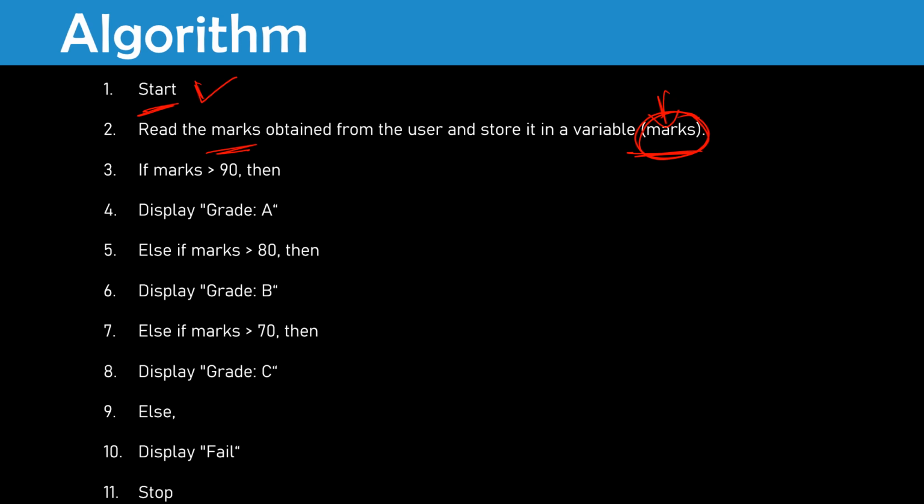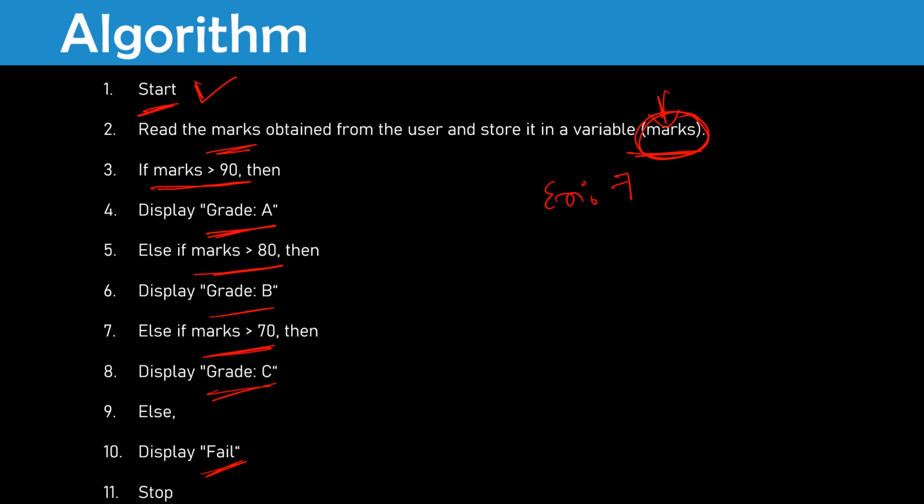Now first of all, we need to check the topmost condition. If marks are greater than 90, then we need to display A. If marks are greater than 80, we need to tell B. If marks are greater than 70, he will get grade C, else fail. Now let us take one example.